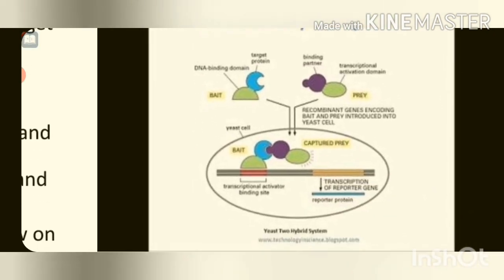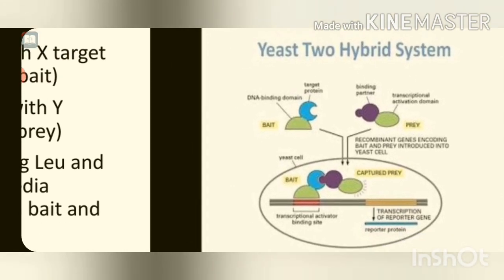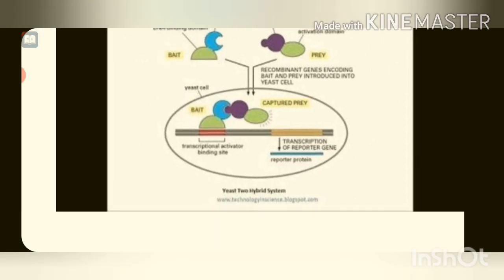For the activation of the transcription of the reporter gene, what is needed? First, the DNA binding domain of the bait protein must interact with DNA, then it interacts with the activation domain.